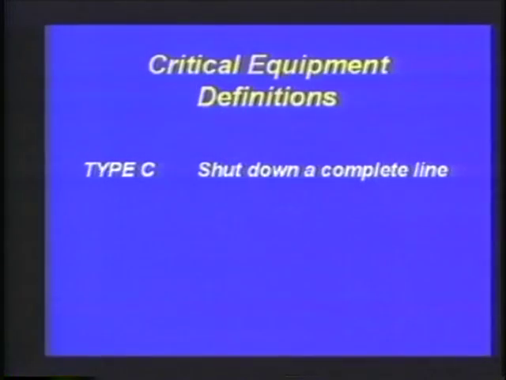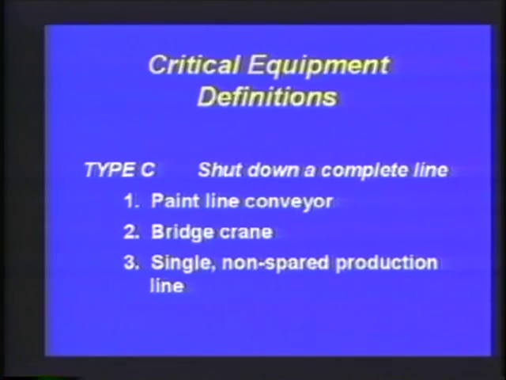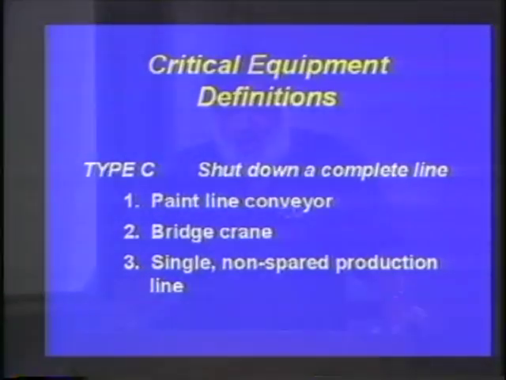Moving on to page 5B, we could talk about the lesser type of a problem that would, let's say, shut down a line, and that's what we refer to as type C. We could have a paint line failure, a bridge crane overhead could fail, and a single non-spared production line could likewise fail. Now, if we had failures here, we probably within some time could get another process in operation.